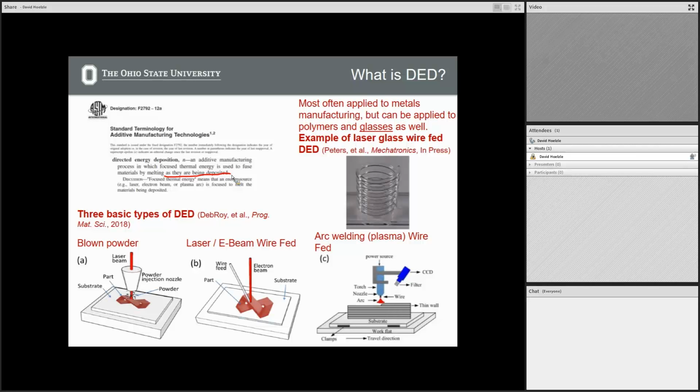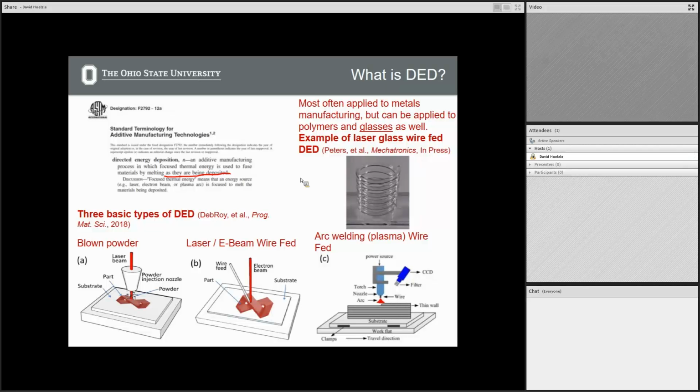You don't really see it for polymers, even though you could. There are polymer welding systems, etc. Mostly for metals. If you go to the literature, almost every single one of the papers you'll see is for metals.